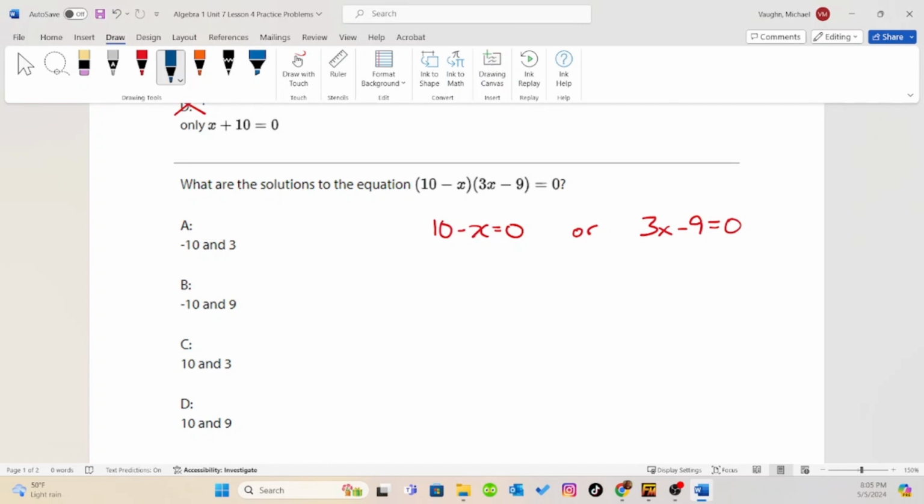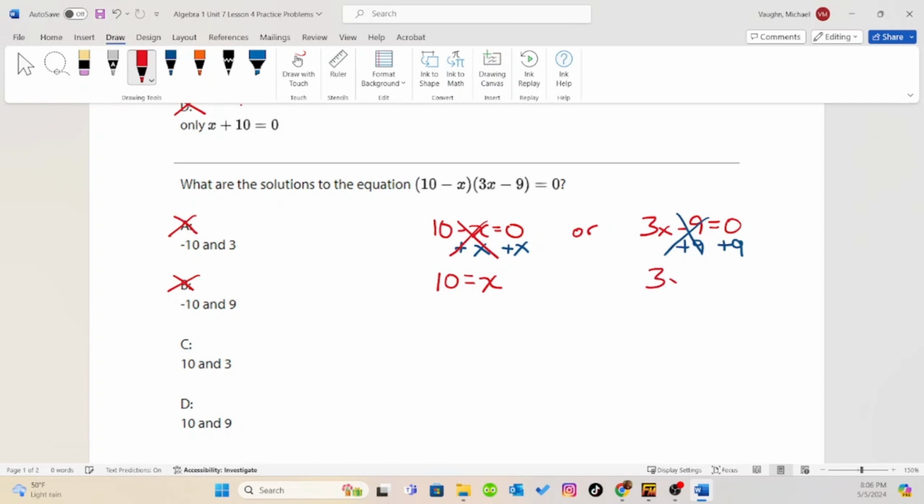In the first case, we will add x to both sides. This will eliminate it on the left, and we get 10 equals x. So we already know A is incorrect and B is incorrect. Now if we look at our second choice, the first thing we're going to do is add 9 to both sides to eliminate it on the left.